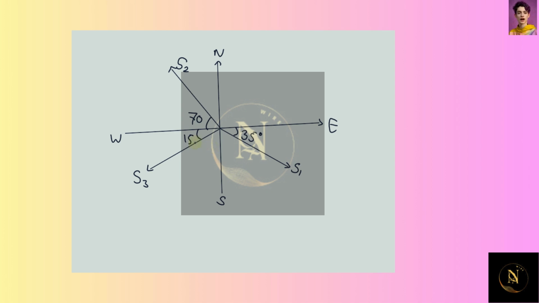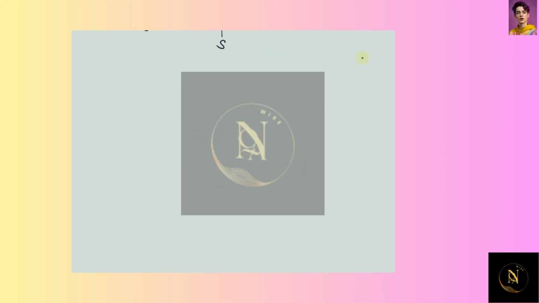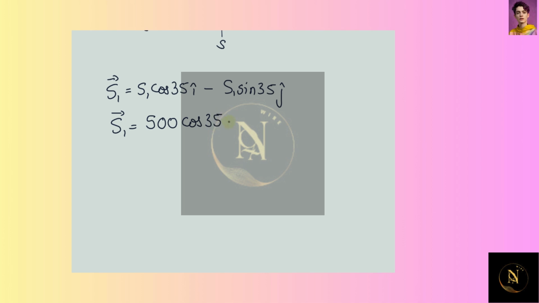If we resolve these vectors one by one, we get S1 vector equal to S1 cosine 35 I cap, minus S1 sine 35 J cap, since it points in the negative direction. Plugging in S1 equal to 500, this is 500 cos 35 I cap minus 500 sin 35 J cap.